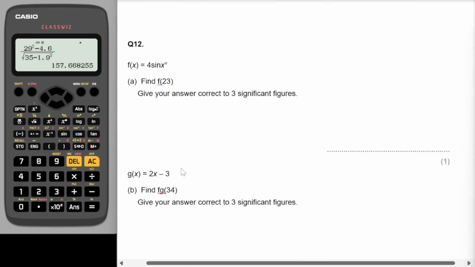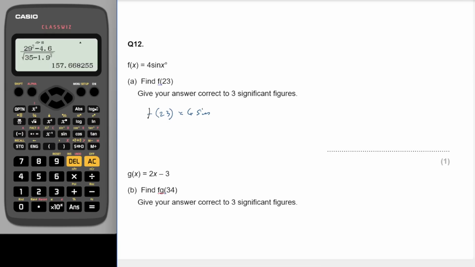Question 12. Given that the function of x is equal to 4 sine x, find f of 23, giving the answer to 3 significant figures. Well, so the f of 23 is going to be equal to 4 sine 23.